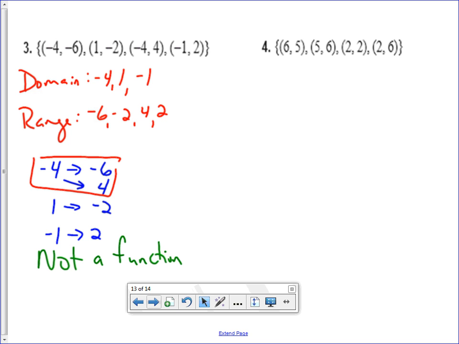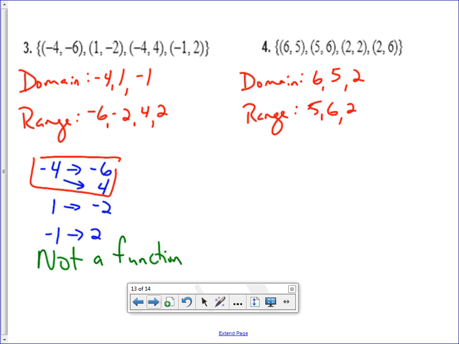Okay, then pause the video, see if you can do this last one by yourself. Okay, and then what you should have come up with is this. The domain is a 6, a 5, a 2. The range is a 5, a 6, and a 2.